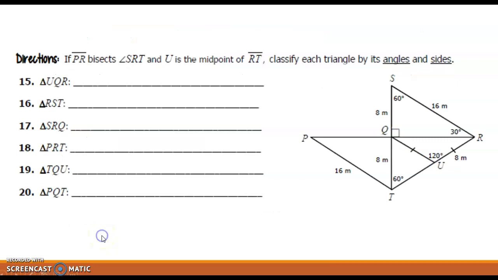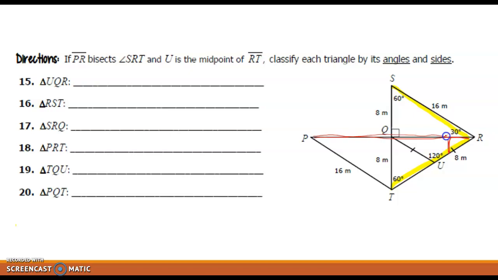Hopefully you did good. All right, so now what I want you to do is you're going to come in here and you're going to look at that. Here's what they give you. They tell you that PR bisects angle SRT. So that means that this 30-degree angle is also congruent to this angle right here.